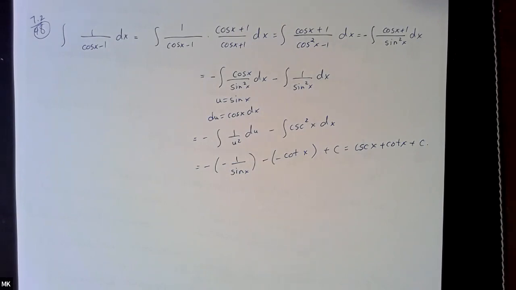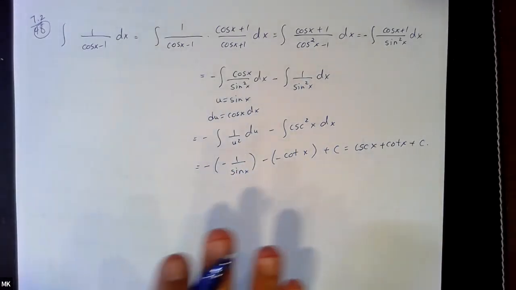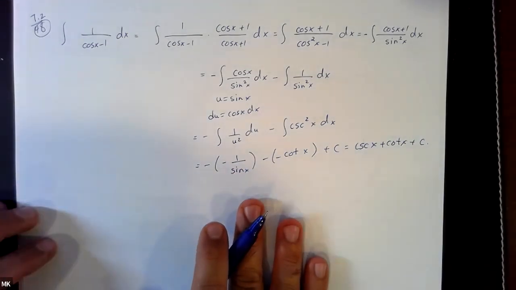Now, in the 7.3 section, one of your classmates asked me about question number 25. A very nice question. Make sure it is 25. I'm probably going to a new sheet for that one.